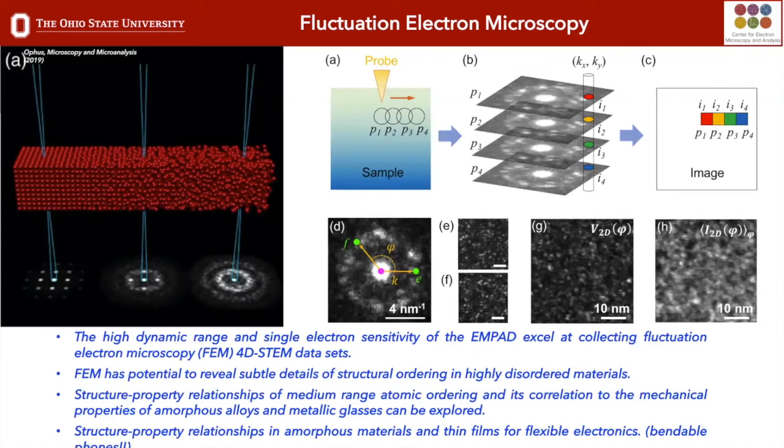And Dr. Jinwoo Wong is a faculty member here who's really pushing this area of the field. And we call it fluctuation electron microscopy. But if you're interested in bulk metallic glasses or polymeric films that'll have short range order or medium range order, this becomes a way to probe that.